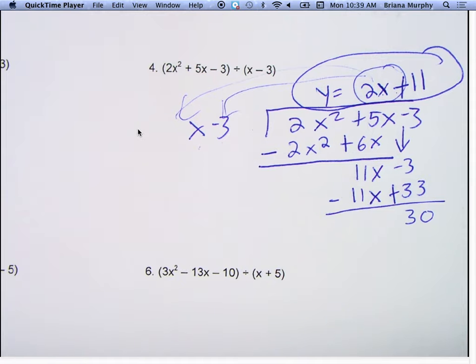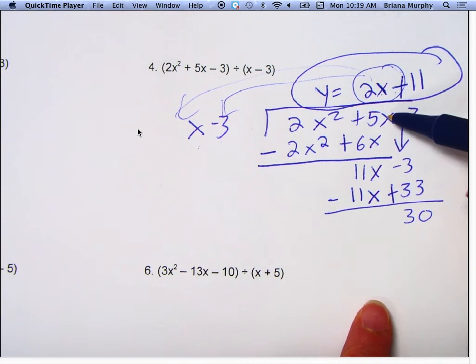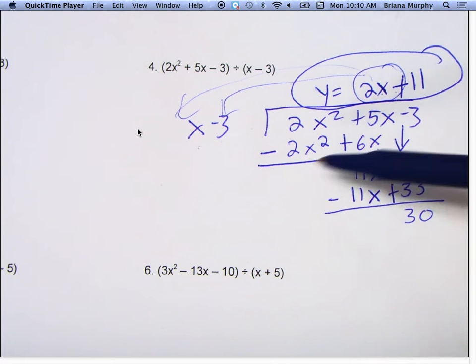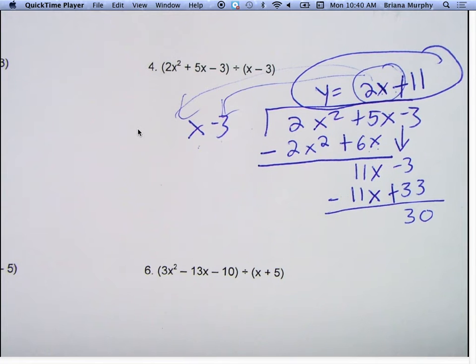Yes, Michelle. Where did you get that plus 11 from? 5x plus 6x is 11, but we're subtracting, wouldn't it be 5x minus 6x? No, remember, we said 2x times negative 3 is negative 6x, and then we have to change our signs when we subtract.